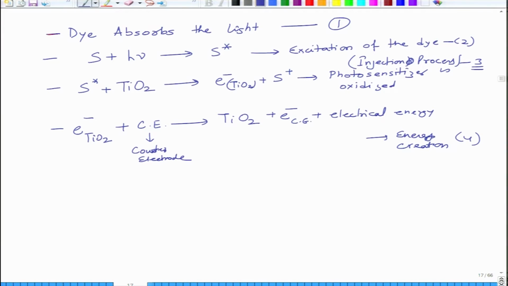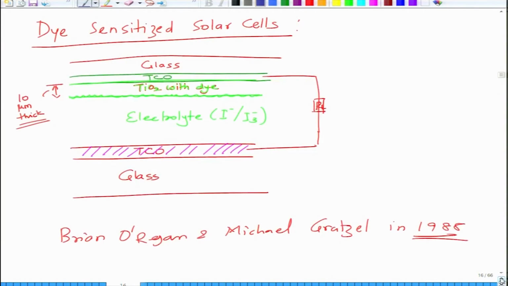So, what happens is that the light has fallen all over the cell, the dye has gotten excited, the electron goes through TiO2 to TCO, and comes through the electrical circuit.